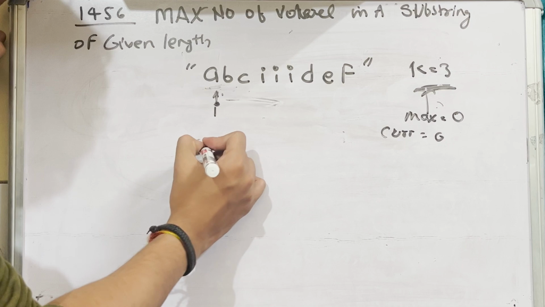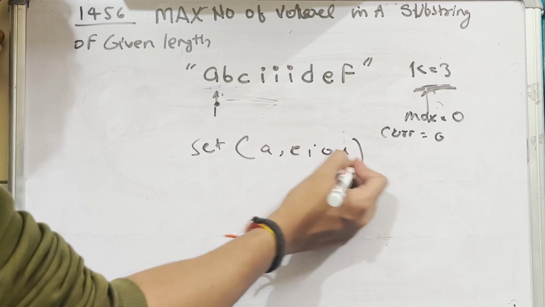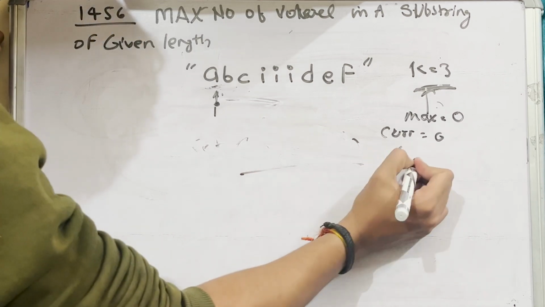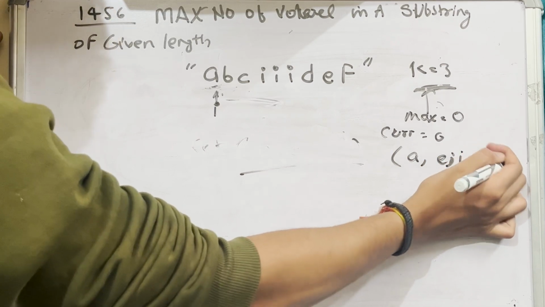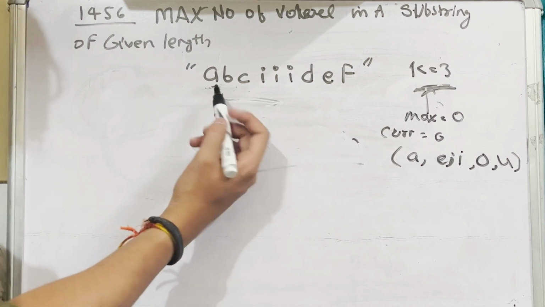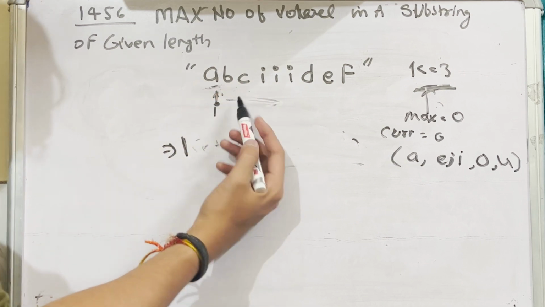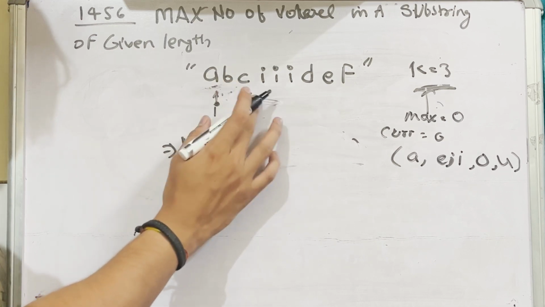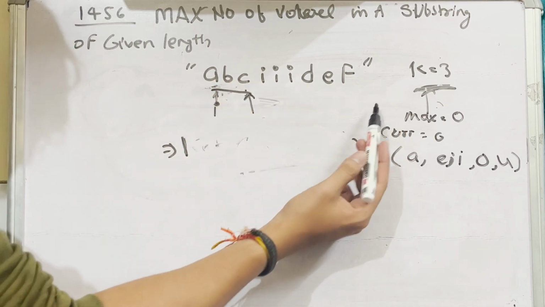For that you can create a set to store the different vowels, which is A, E, I, O, U. Then you'll check if this letter is present in the vowels or not. You check if this character is present in the vowels, yes, so count will be 1. Then you'll check this one, is it a vowel or not? No. You'll keep moving until you form a substring of size 3 or size k.